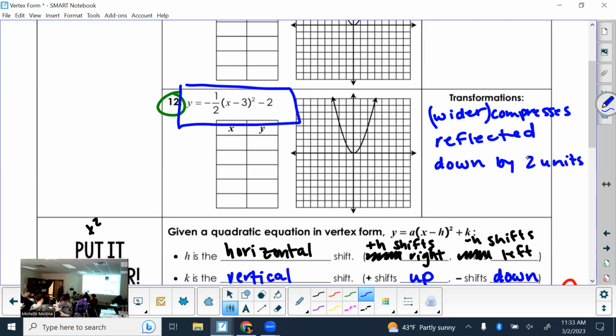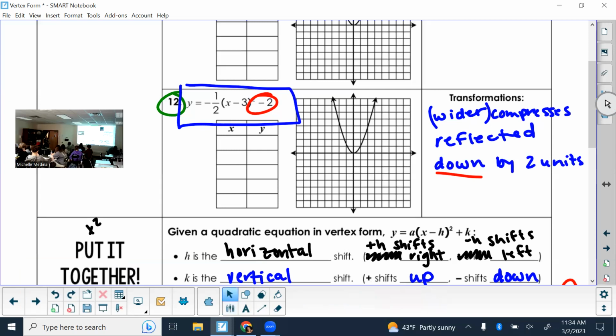What tells me if it's going down, the H or the K? The K. Since K is a -2 and K is always outside the parentheses, like being added or subtracted, since it's negative, it goes down by however many that would be. Okay, questions on that? So then there's only one more transformation. Table 4, do we have it?